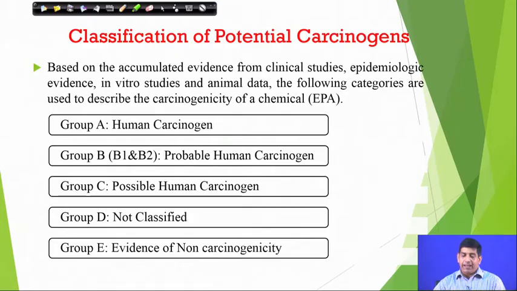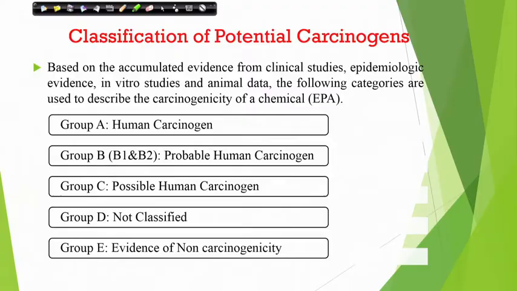A is sure shot that it is a human carcinogen; there has been enough data to prove that. For B, lab data shows that yes, it could be a human carcinogen, and there is some anecdotal evidence from epidemiological data as well, but we are not really 100% sure.